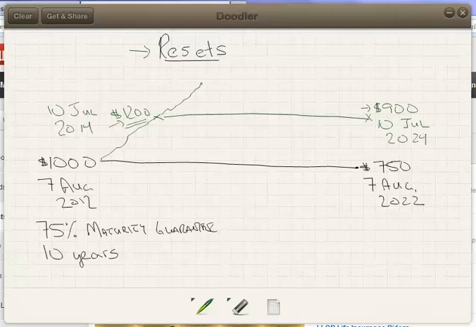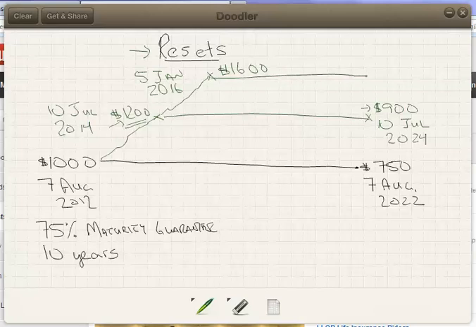Now let's say that things continue to go well, and you get out here to the 5th of January of 2016. And on that date, your investment has a market value of $1,600. You say, that's really good. I'd like to lock that in.